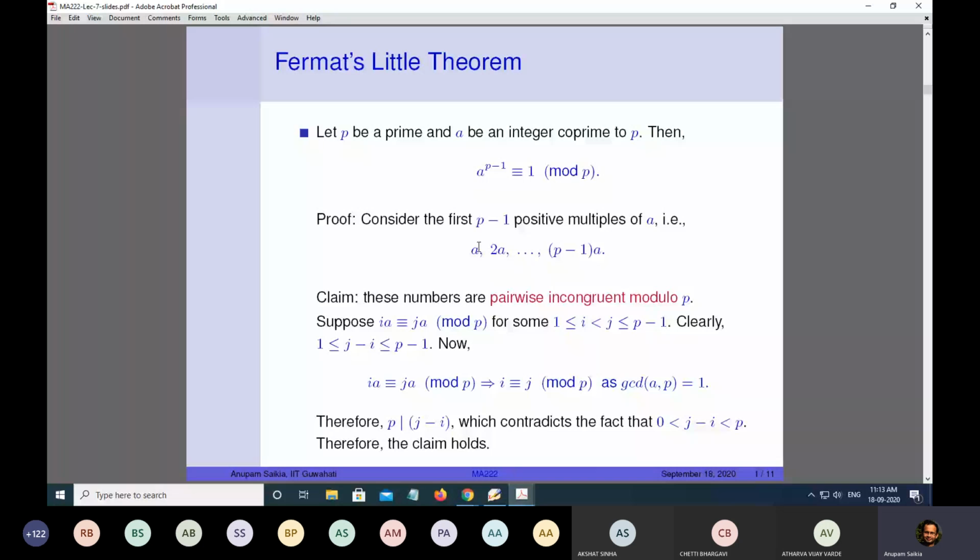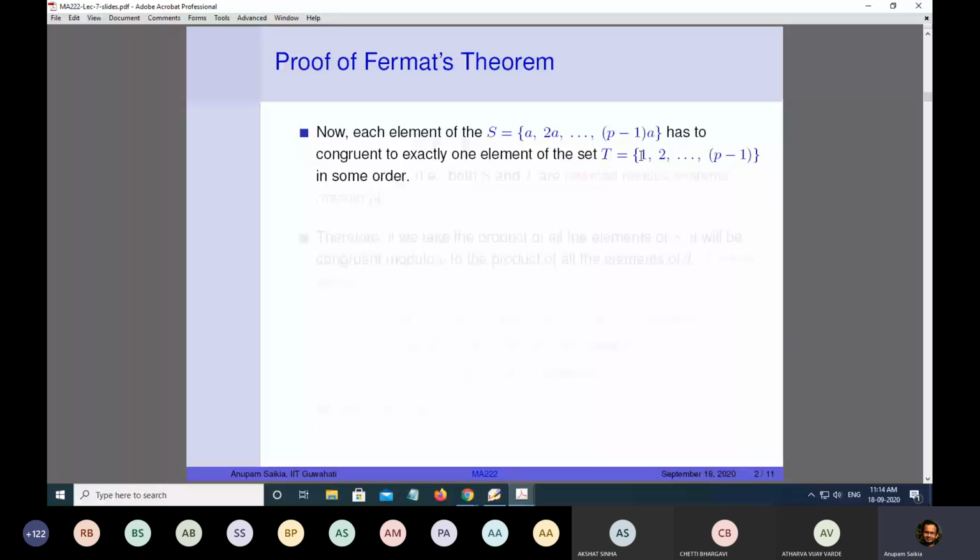So when I divide these numbers by p, I'll get 1, 2, up to p minus 1, not necessarily in this order. Dividing 2a, I might get 1. Dividing p minus 1 times a, I might get 5 or something. But what I'll be getting as remainders will be 1, 2, up to p minus 1. So mod p, these numbers are nothing but these.